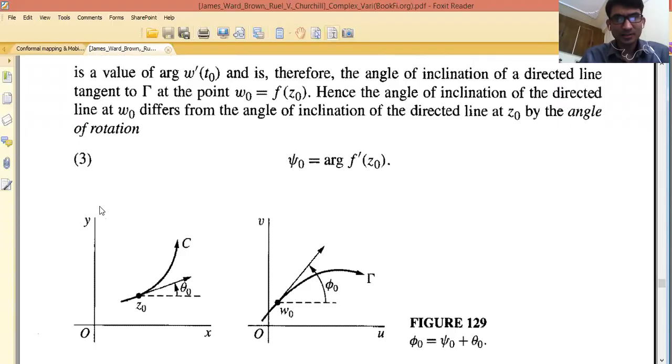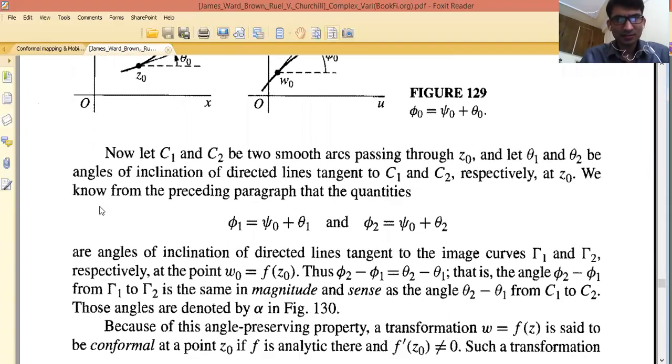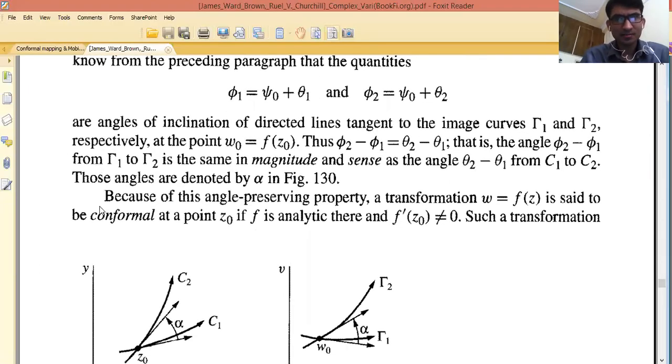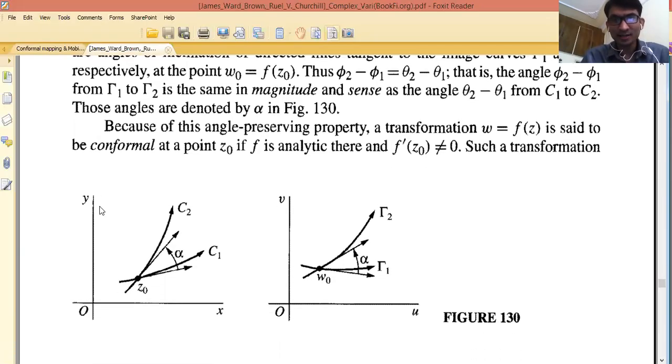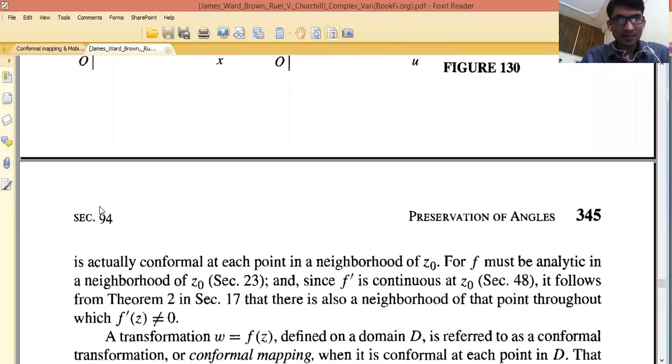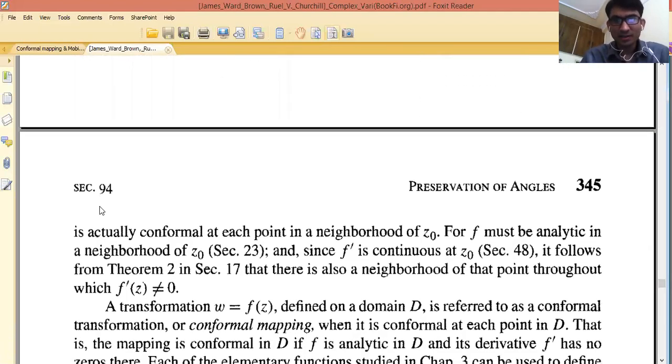Because of this angle preservative property, a transformation is said to be conformal at point z naught if f is analytic there and its derivative is not equal to 0. And such a transformation is actually conformal.